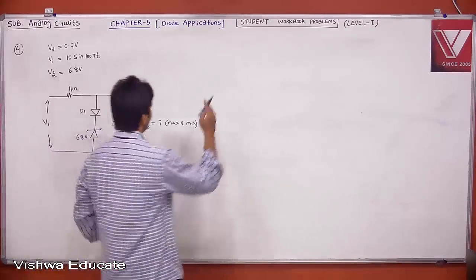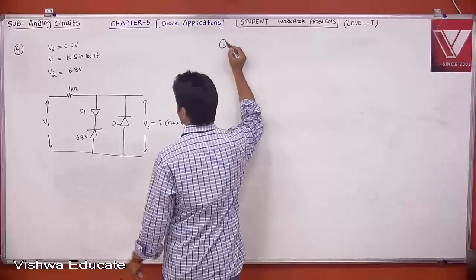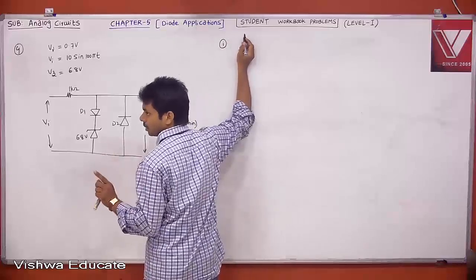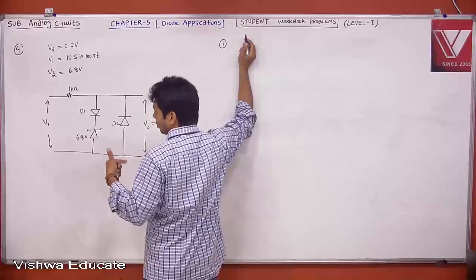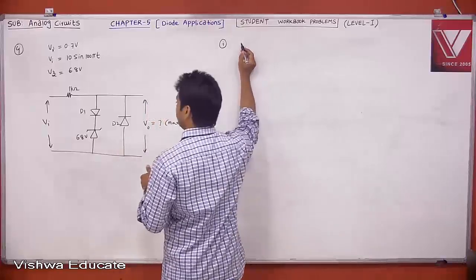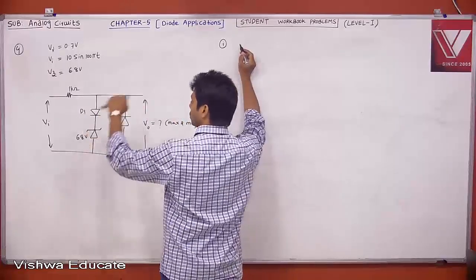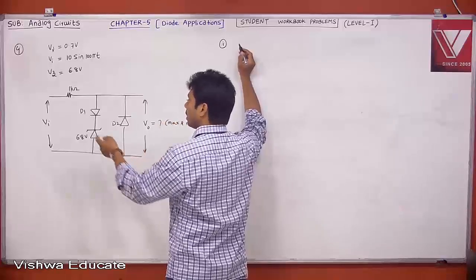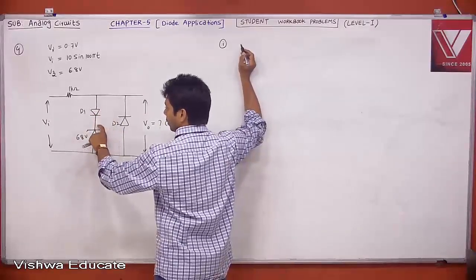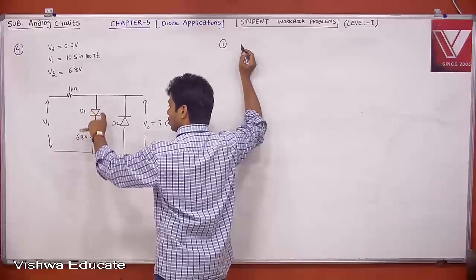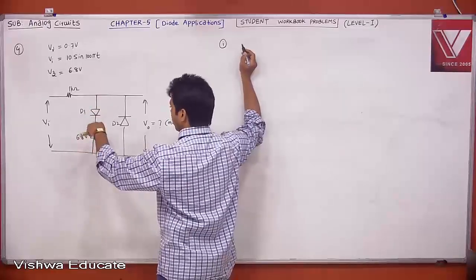Okay, let's see case 1. Maybe if you want, you can open the diodes and do it, but I'm skipping it, assuming that you're trying to follow me. Let us say VI positive, VI negative. When VI is positive, it should have 0.7, it should have 6.8. Else, even though this is on, this will be off, there is no path.